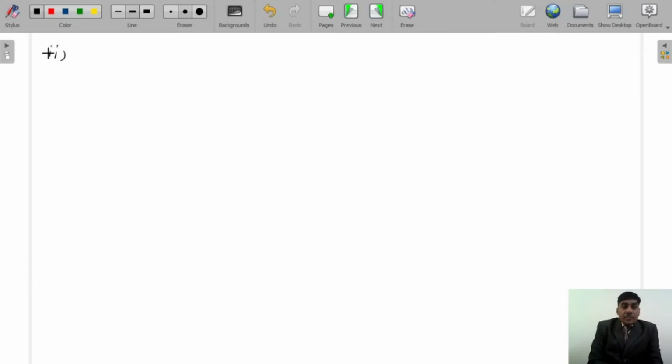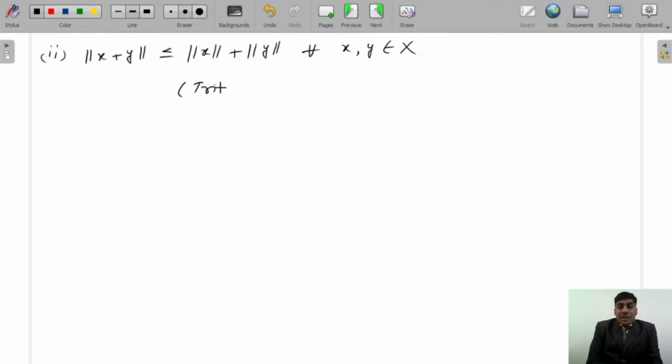Second, norm of (x plus y) is always less than or equal to norm of x plus norm of y for every x, y belonging to capital X. This property is known as the triangular inequality property.